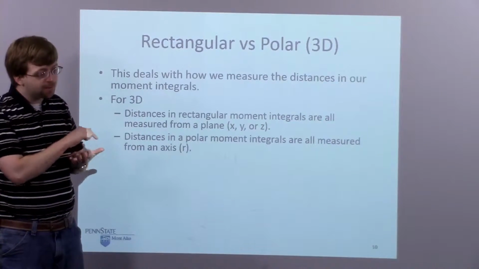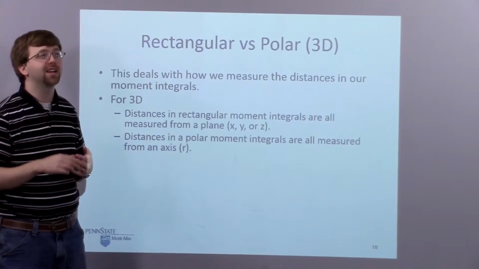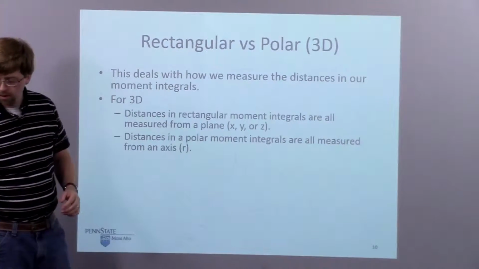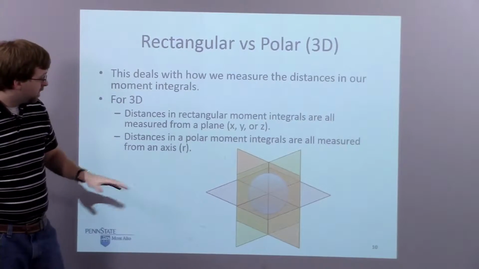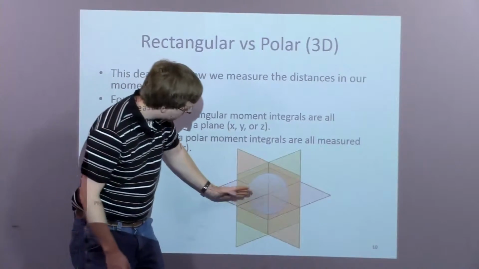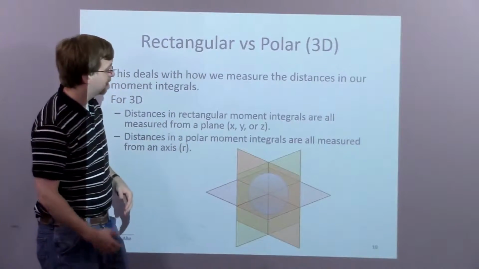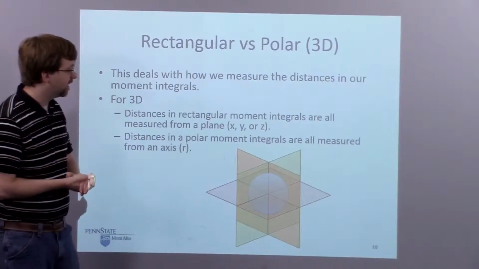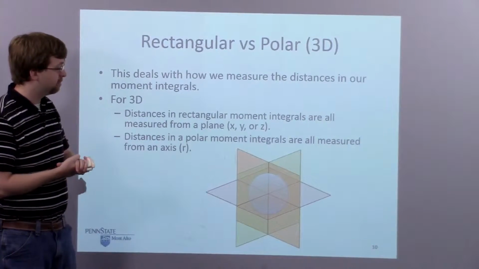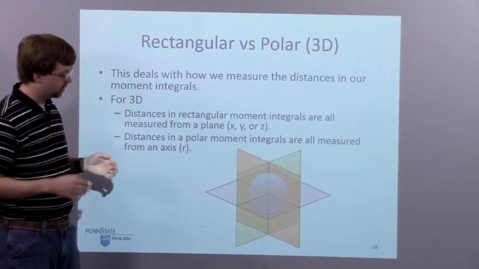So if I'm measuring from the x-axis or the y-axis in a 3D problem, that's going to be a polar moment integral. We see here, it's a little bit hard to see, but I've got a sphere. Again, if I'm measuring out from one of these planes, it's going to be a rectangular moment integral. If I'm measuring out from one of the axes, it's going to be a polar moment integral.